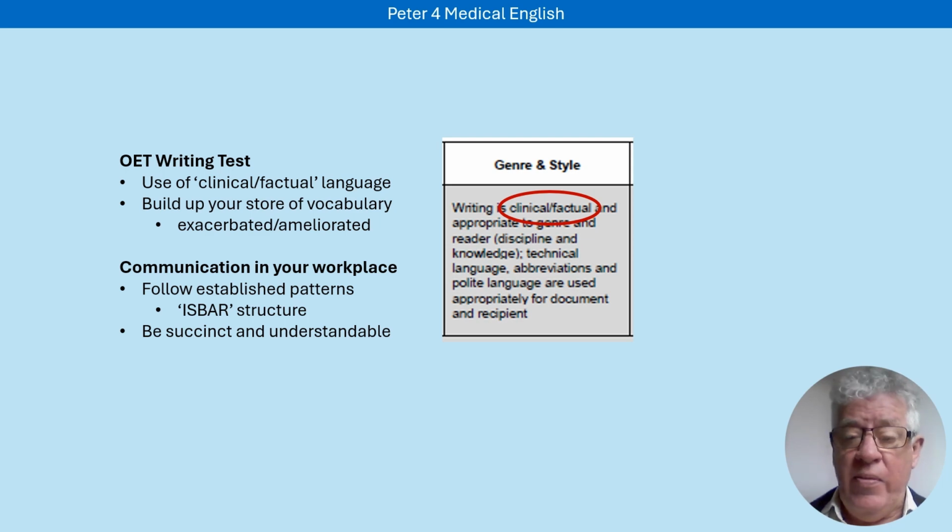You've got to be, both in the test and in your work environment, succinct and understandable. In fact, the best writing gets the message across by being invisible. The receiver doesn't need to struggle and gets the message very quickly.